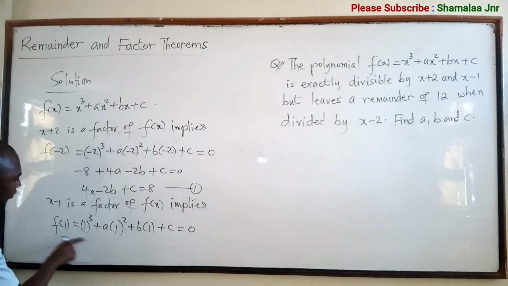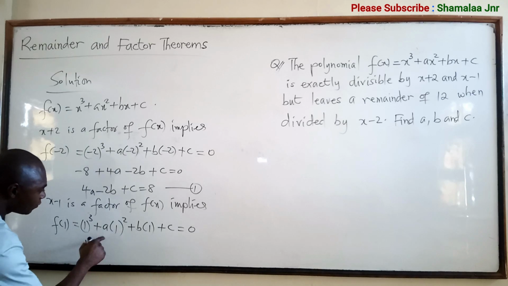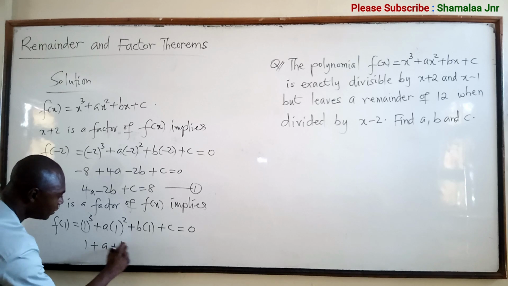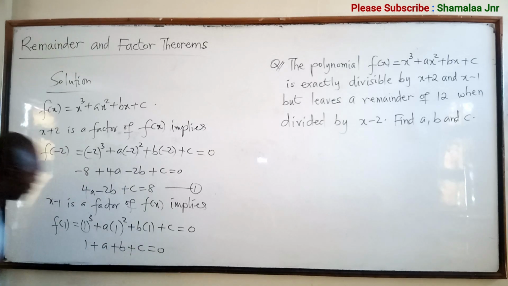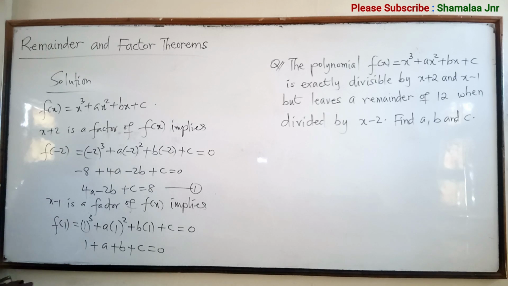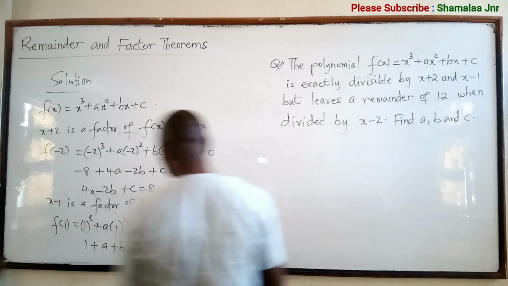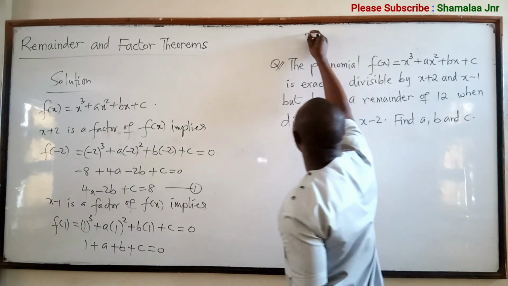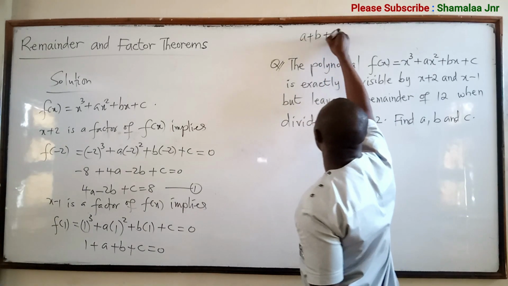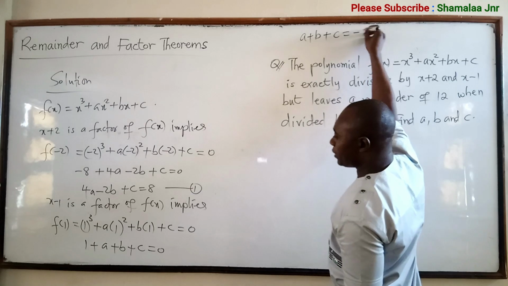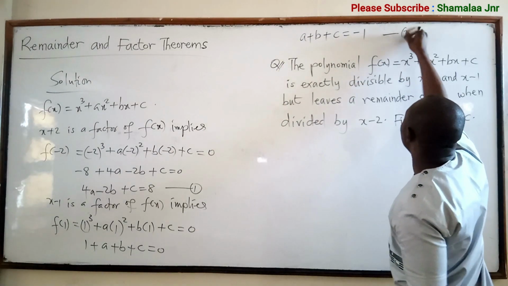So this will be 1 plus a plus b plus c is equal to 0. This implies that we are going to have the second equation to be a plus b plus c is equal to -1. So this is equation number 2.